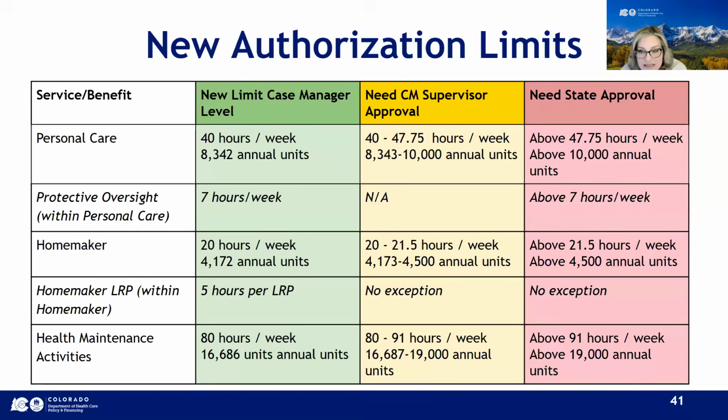One more thing to notice is that legally responsible person cap is again within homemaker. It is not in addition to the cap. So we're not adding those hours on to the cap. It has to be a component of that service. And again, there is no exception to go above that 5 hours per LRP for that component.